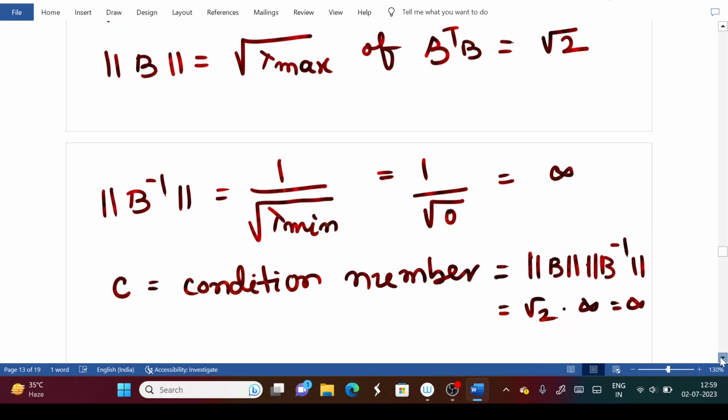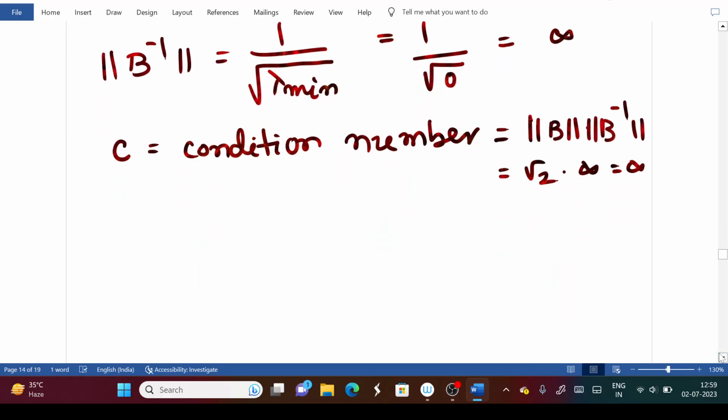Okay, so like this, any problem given, we can simplify and find out the condition number and norm of any given square matrix.